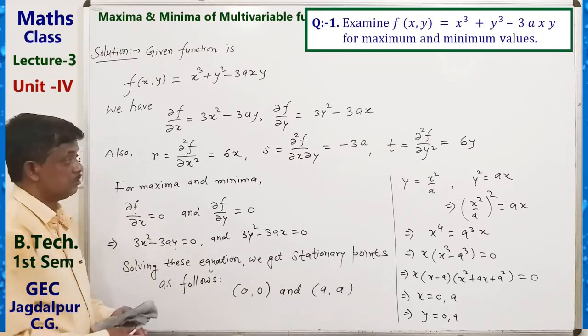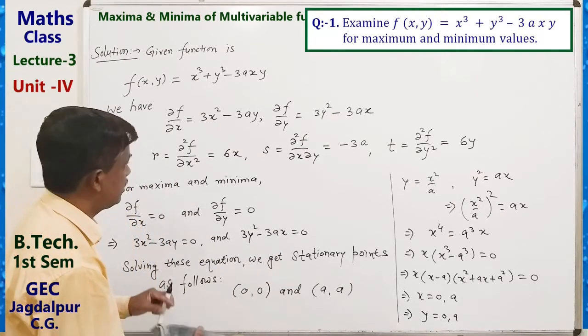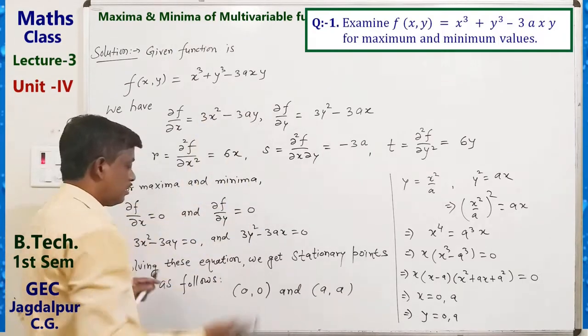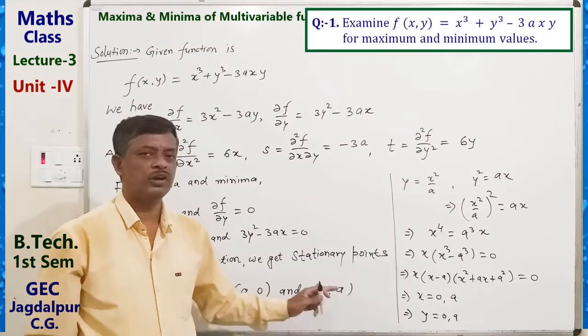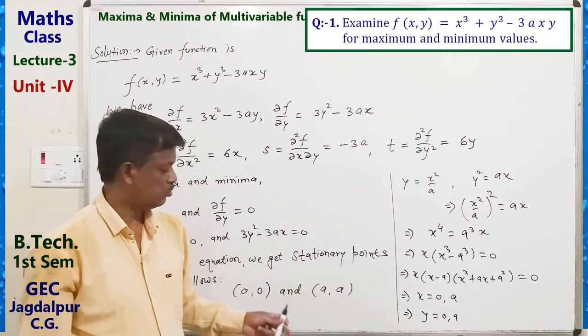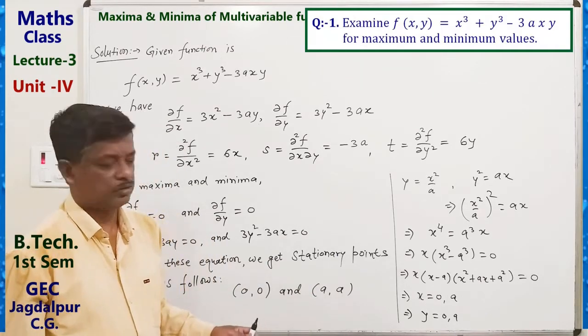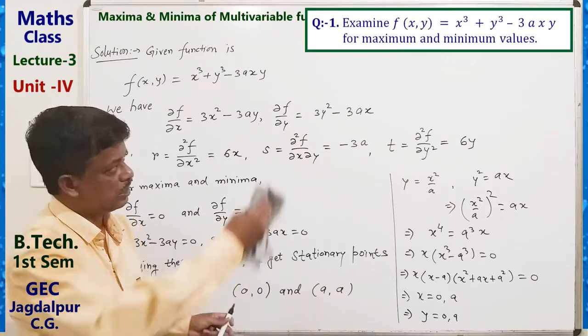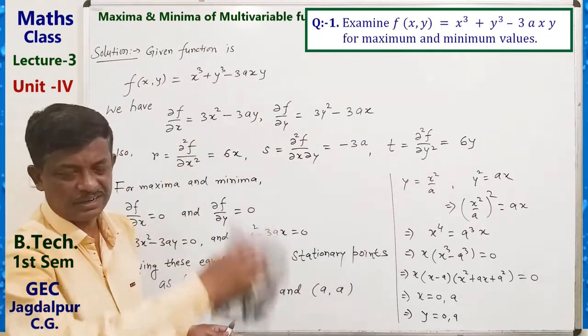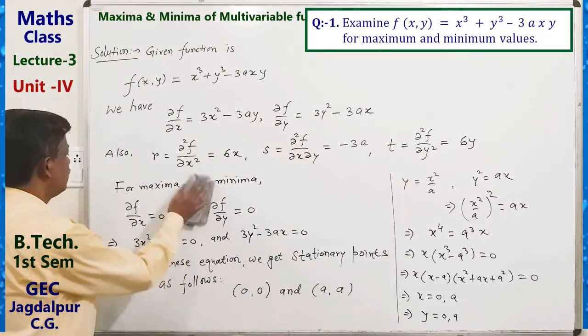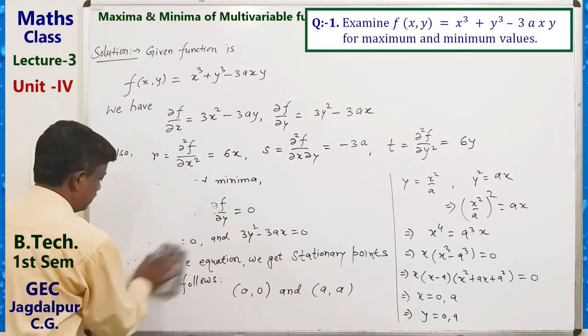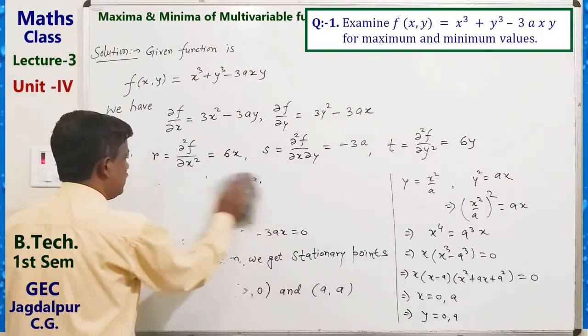If there are 2 points we can test them one by one, or if there are 3 or 4 points you can make a table for finding the values of r, s, t.